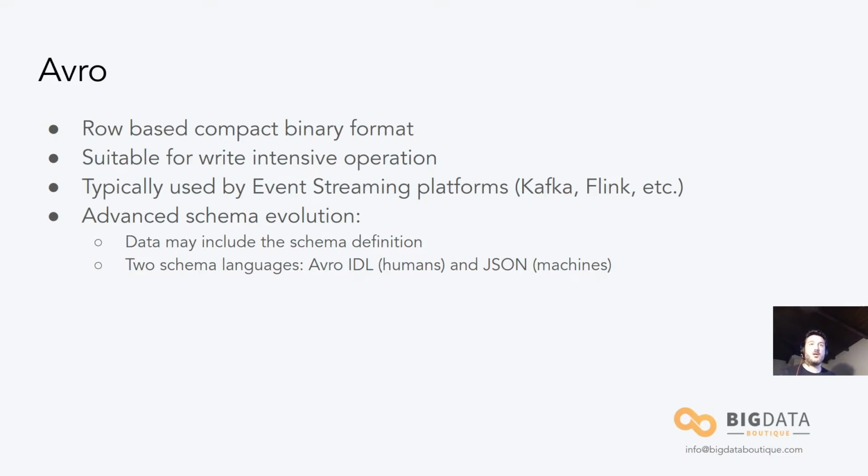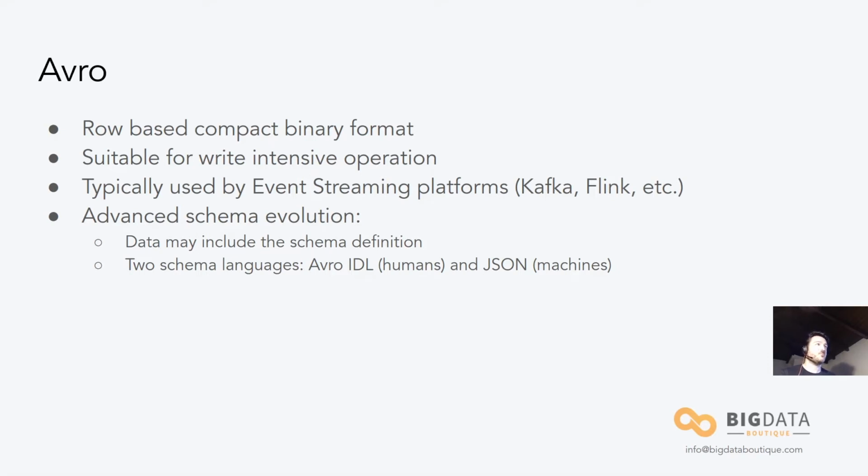Because it's row based, you have different records inside a file and they're sequential. So that's perfect for event streaming platforms. You want to have the benefits of a binary protocol, but you don't want to do aggregation. You want to process the events individually, and for that, Avro is really good and really efficient.